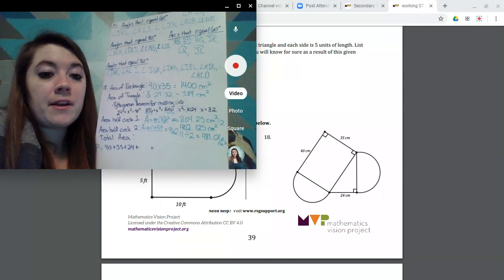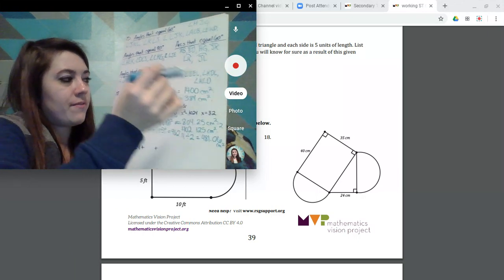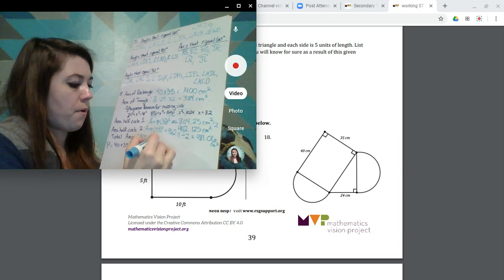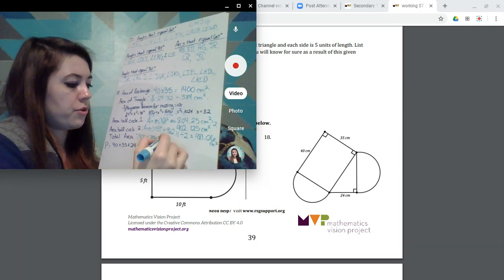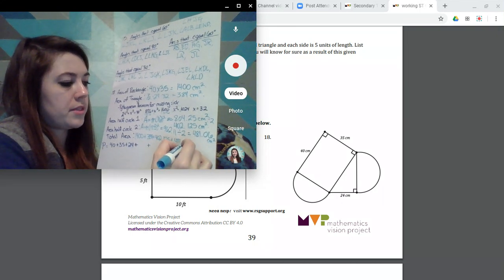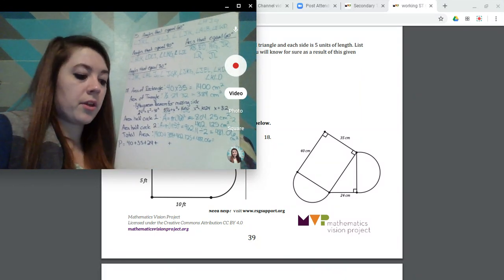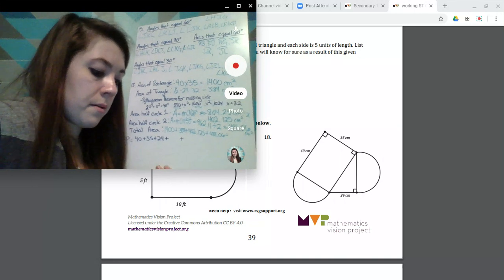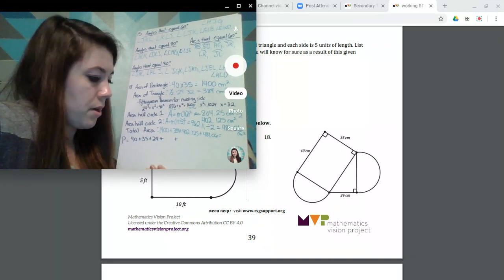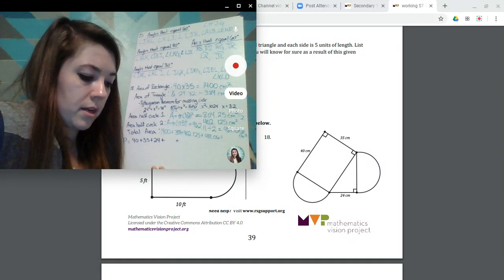So now we need to figure out the total area. That means we're going to add all 4 of these values together. So we've got the 1400 plus the 384 plus the 402.125 plus the 481.06. So I'm doing it in the calculator. 1400 plus 384 plus 402.125 plus 481.06.